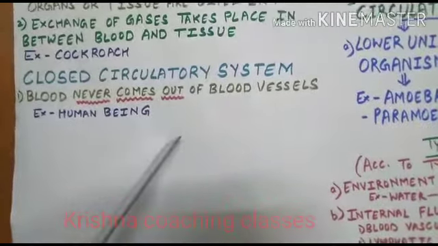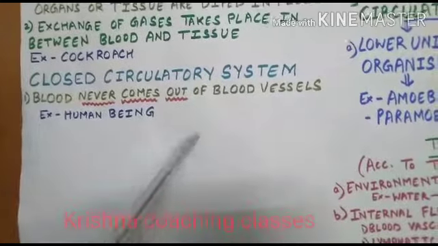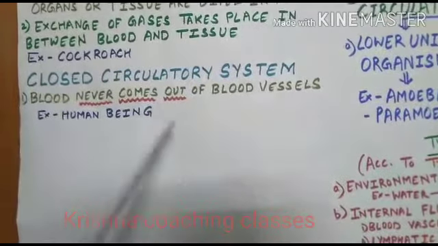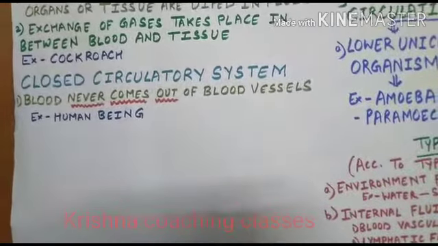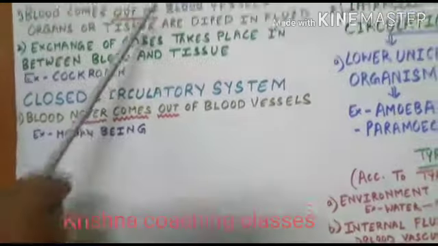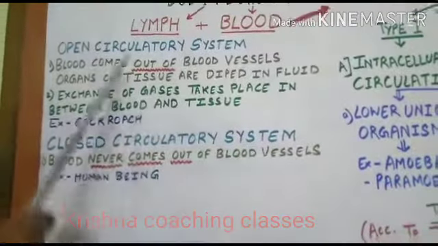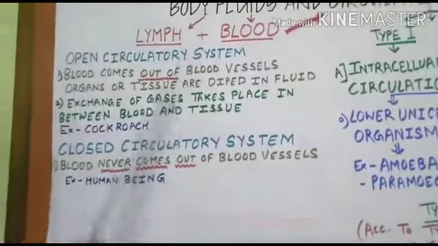So the blood exchange takes place through capillaries, so blood is in a closed circulation. Organs are not directly dipped in the blood like in an open circulatory system.